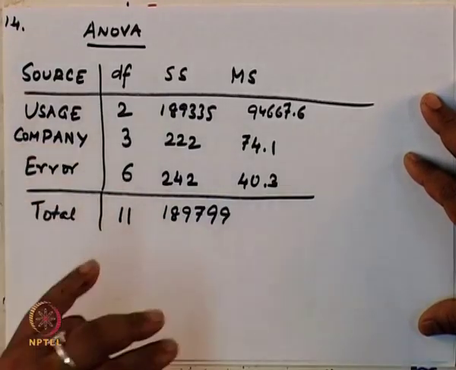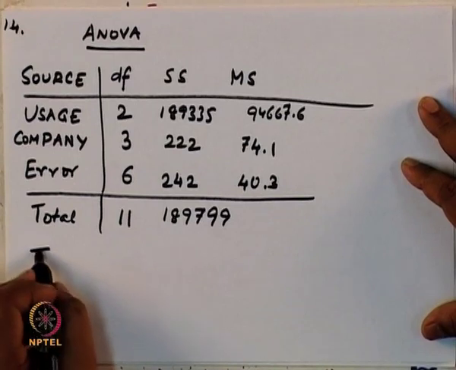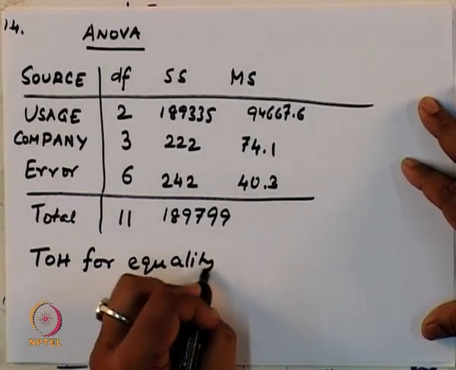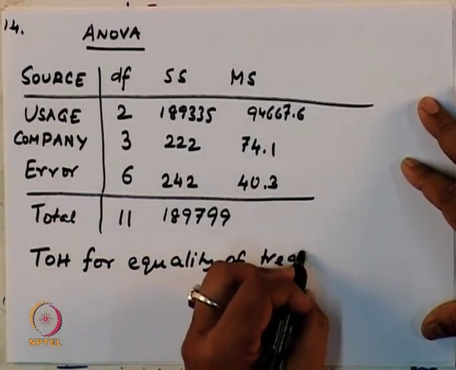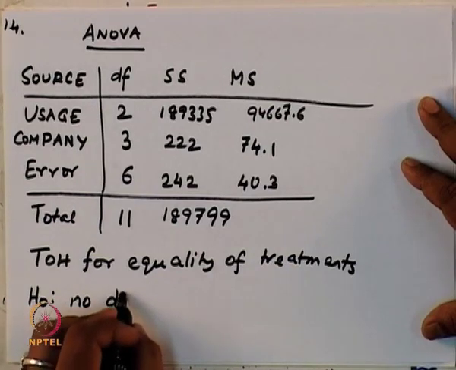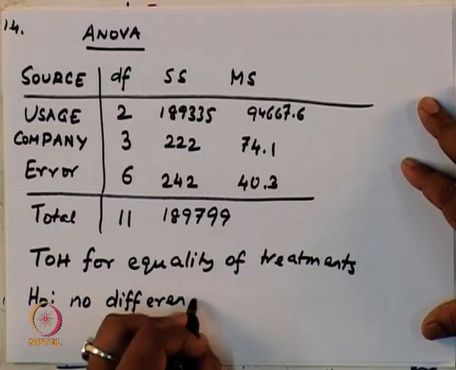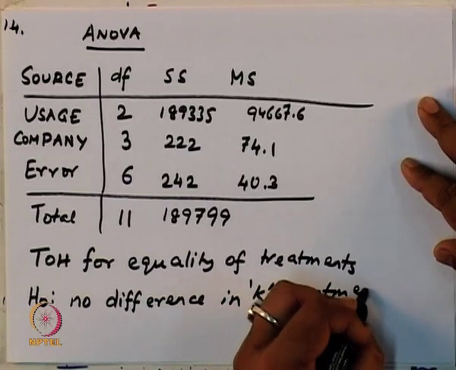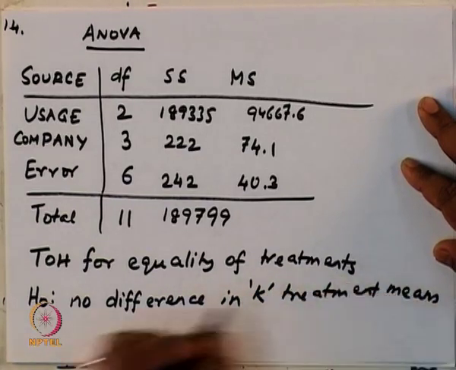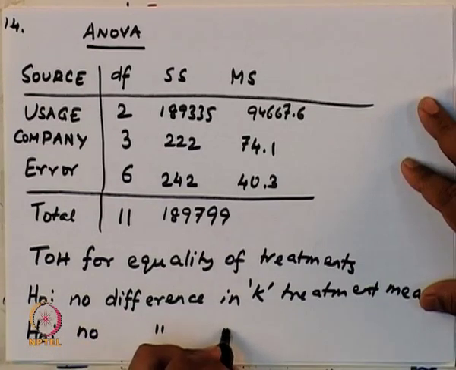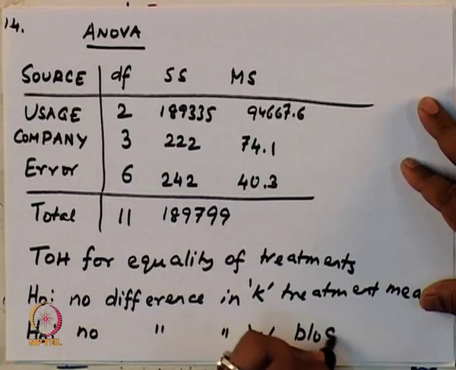Okay. So, based on this, you can then probe the test of hypothesis for equality of treatments. Your H naught is either no difference in K treatment means, or you can also have no difference in B block means.